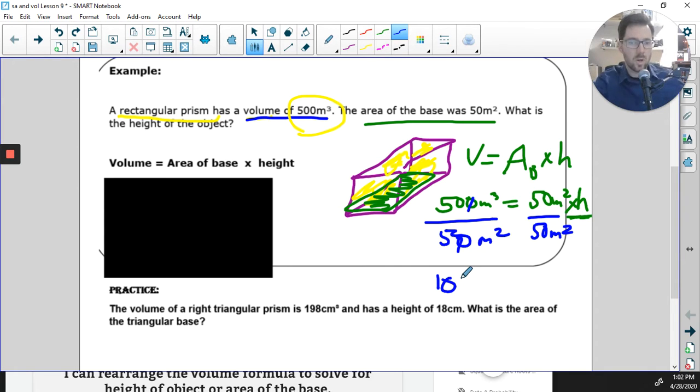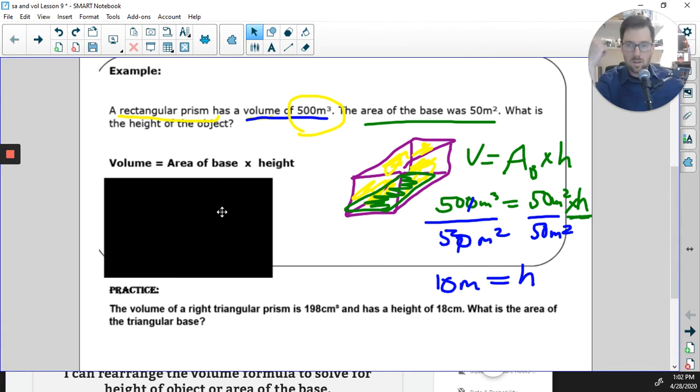Is it going to be meters cubed? Meters squared? Is it just going to be meters? If we look here, we have meters cubed and meters squared. How I like to think about it is, there's 3 dividing by 2, so there's 1 left over. It's just going to be meters. So 10 meters equals the height.